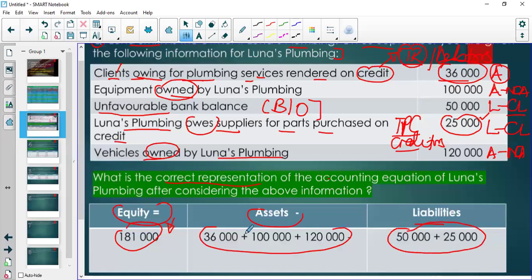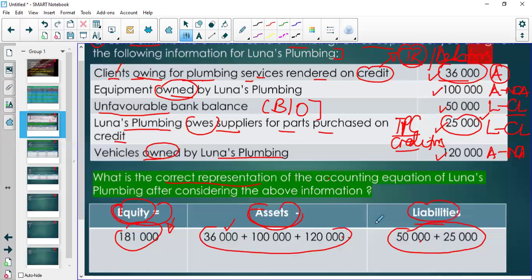Right? So as you know, we are provided assets. So we have assets, trade receivables 36 plus 100 plus 120. And if you subtract the liabilities, which is 50 and 25, we will be left with the equity. So we can determine equity by saying the total assets minus total liabilities. Then we're going to get the equity.